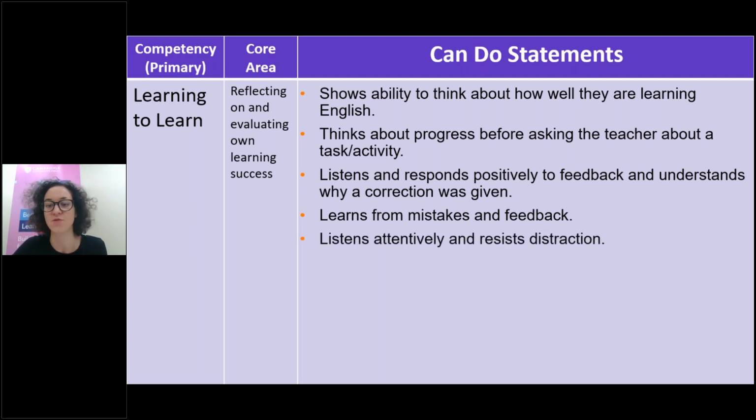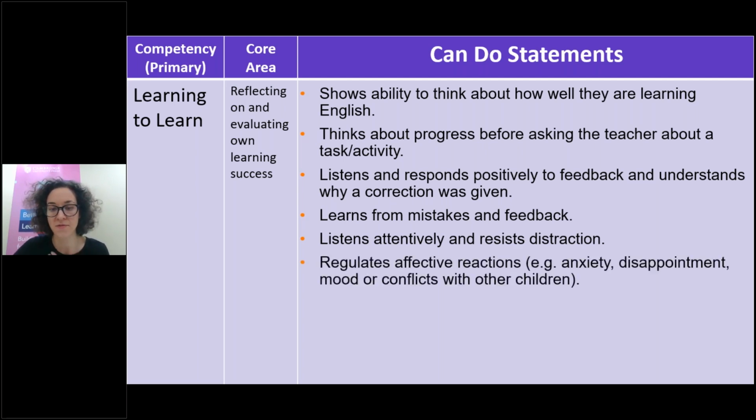Listens attentively and resists distraction. This is something, again, that we need to master, and we can't demand it at once from students in the 1st grade. Regulates affective reactions like anxiety, disappointment, mood, or conflict with other children in project work, in group work, and so on.